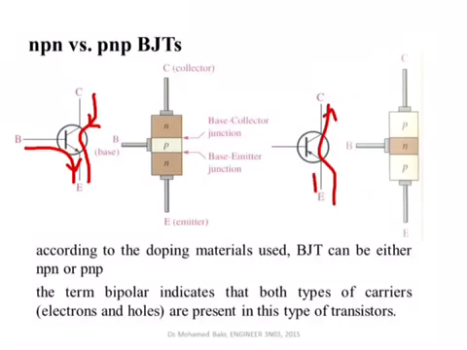In that case, we can simply say that the emitter current is equal to the collector current plus the base current, and we'll get into more details of that. The bipolar junction transistor is named as such because we have two types of carriers, electrons and holes, and they both interact together to create the functionality of this transistor.